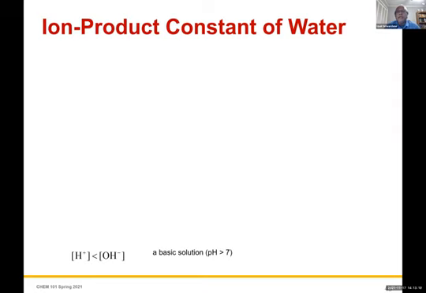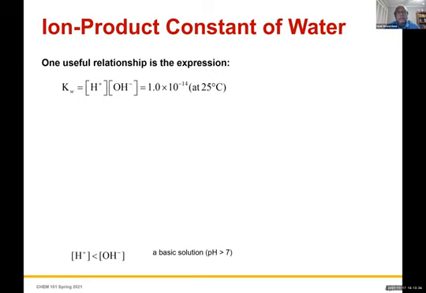Now pH is mainly based on dissociation of water. Dissociation means water breaks up with another water molecule to produce hydronium ion and hydroxide ion.